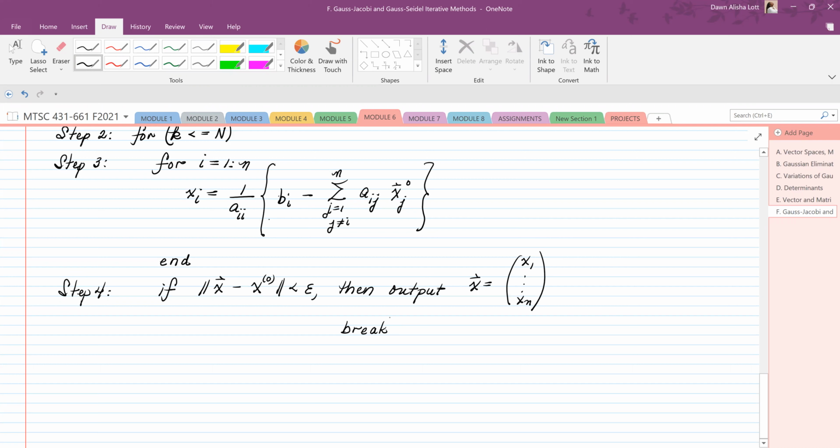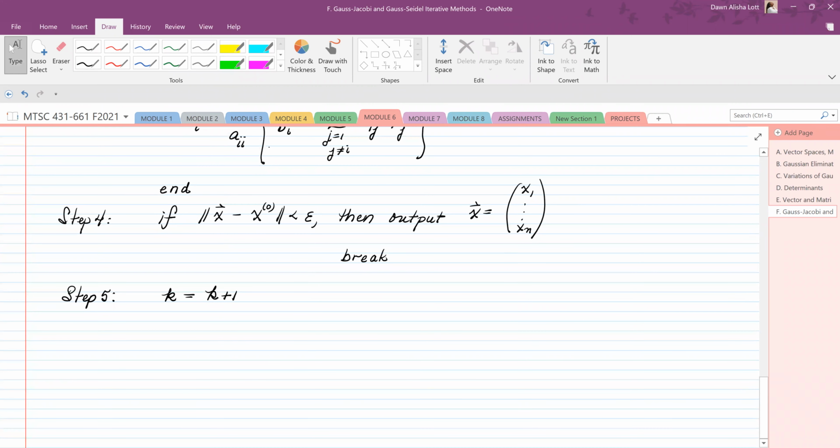Step 5: set k equal to k plus 1. And then step 6.